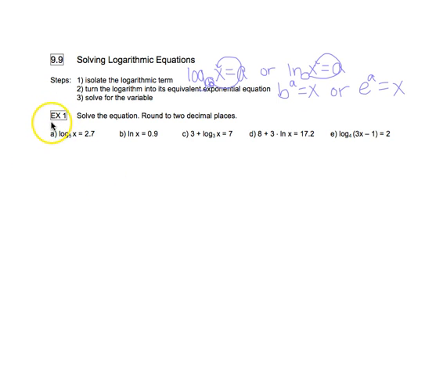So on example 1, the logarithmic term is already isolated. I just have log base input equals an answer. So swoop around, I have 5 to the power of 2.7 equals x. So variable is already by itself, so I just need my calculator so that I can round this to 2 decimal places.